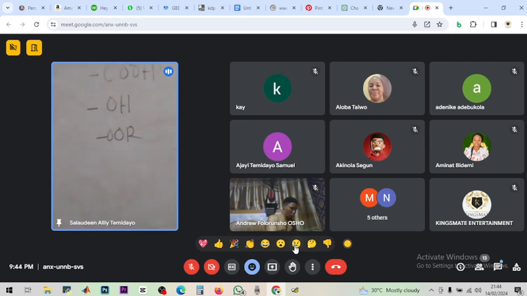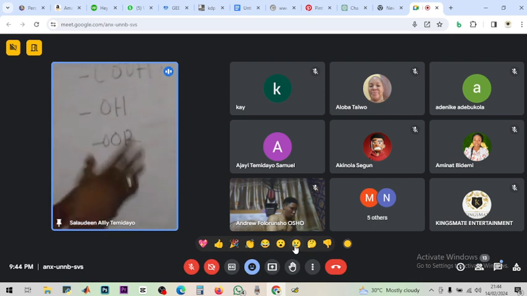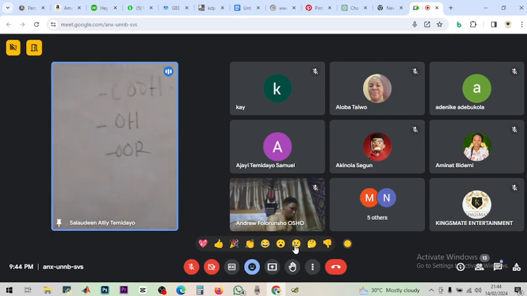So functional group is what I'm going to use to know this homologous family. You know homologous series like alkane, it contains methane, ethane, propane, butane, pentane, hexane, heptane, octane, nonane, decane, undecane, dodecane, and the likes.